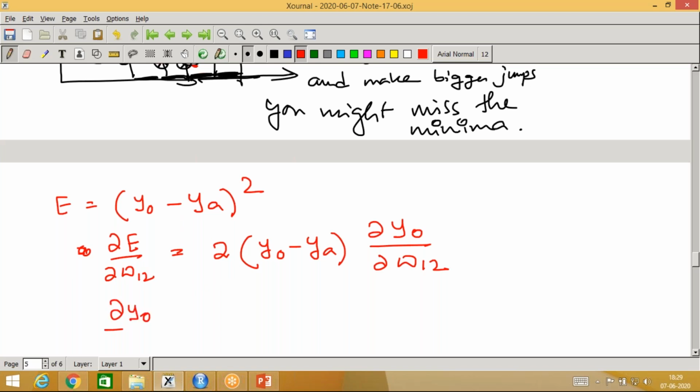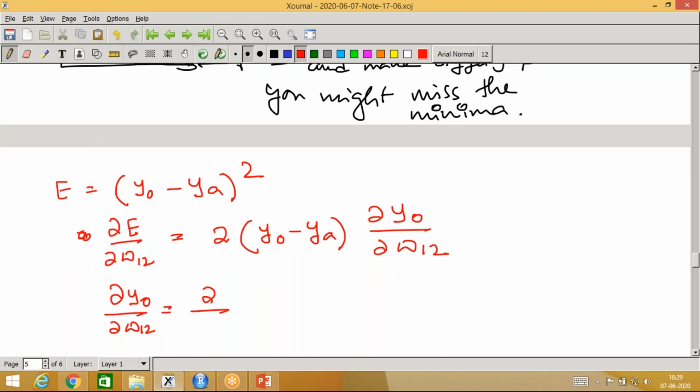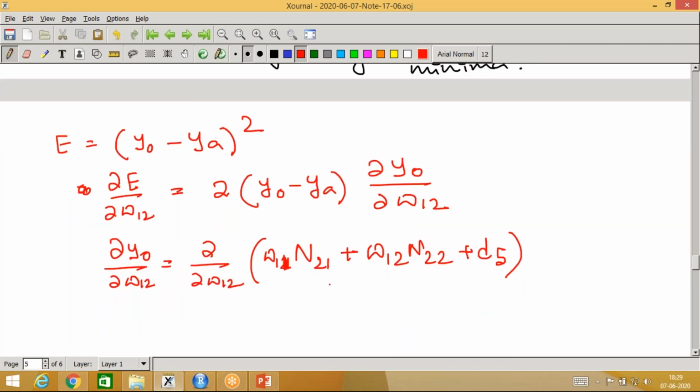How to calculate this? If you remember, y0's function is w11 into node 21 plus w12 into node 22 plus d5. That was y0. It is inbuilt. So this value then comes up to be n22.